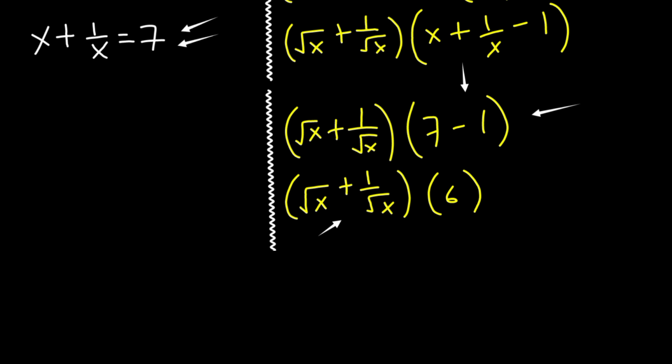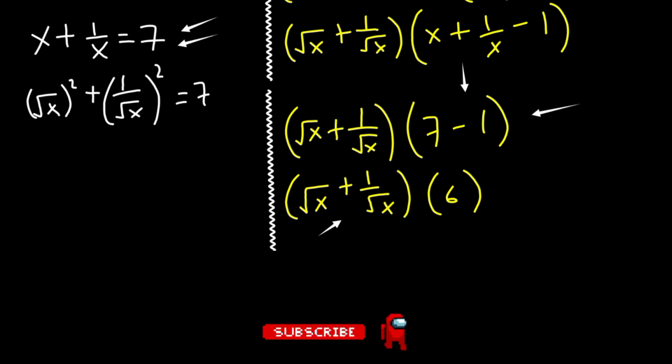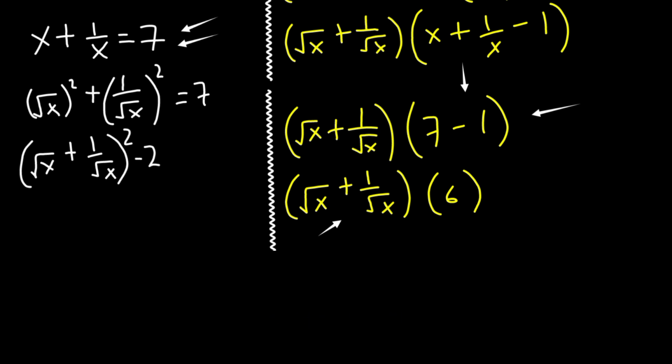We can rewrite x as square root of x squared, then plus 1 over square root of x all squared, and that equals 7. And we have a sum of two squares, so we can just factorize it to get square root of x plus 1 over square root of x all squared minus 2 times square root of x times 1 over root x, and that equals 7.